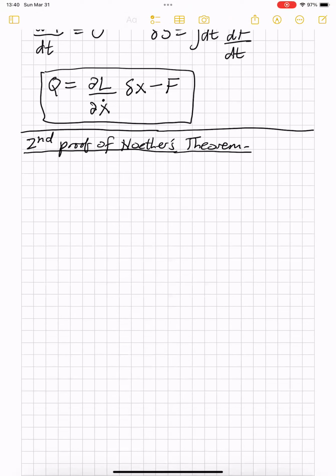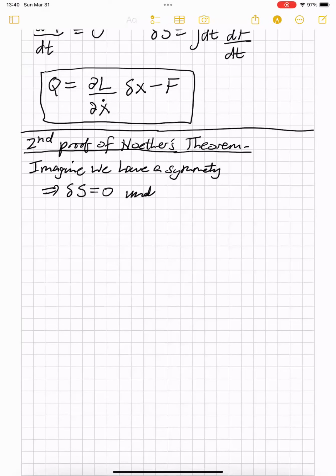Okay, so let's now give the second proof. Imagine we have a symmetry. What does that mean? Well, that means the change in the action delta S will be equal to zero under the symmetry transformation.